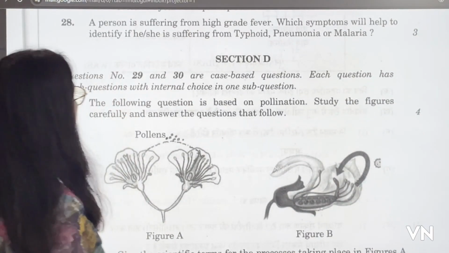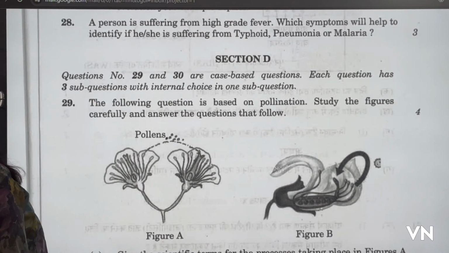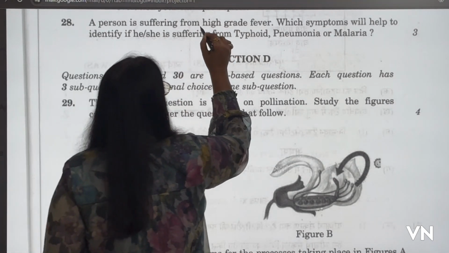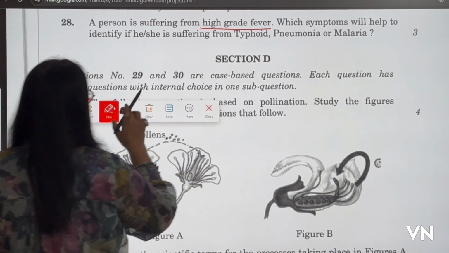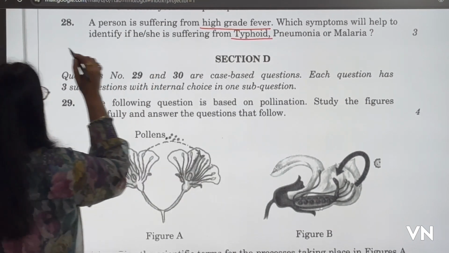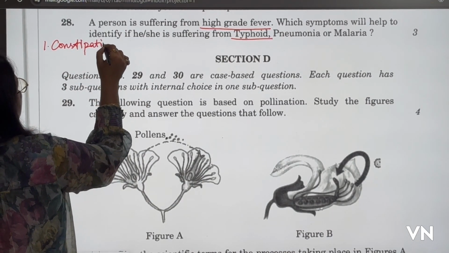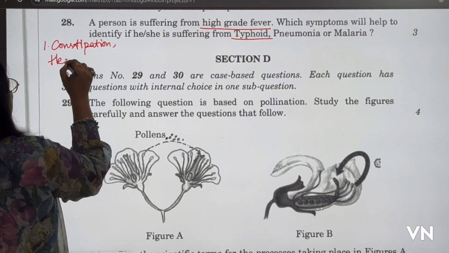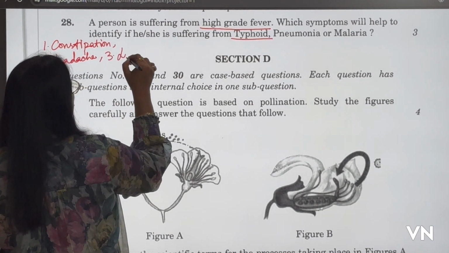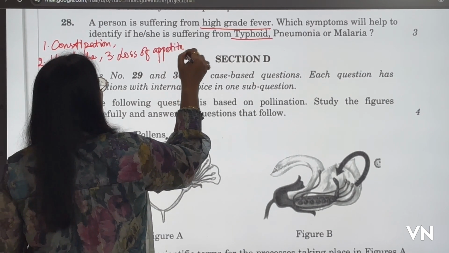A person is suffering from high-grade fever. Which symptoms will help to identify if he or she is suffering from typhoid, pneumonia or malaria? Along with high-grade fever, other symptoms are to be considered. In case of typhoid, there may be constipation, headache, loss of appetite, stomachache.